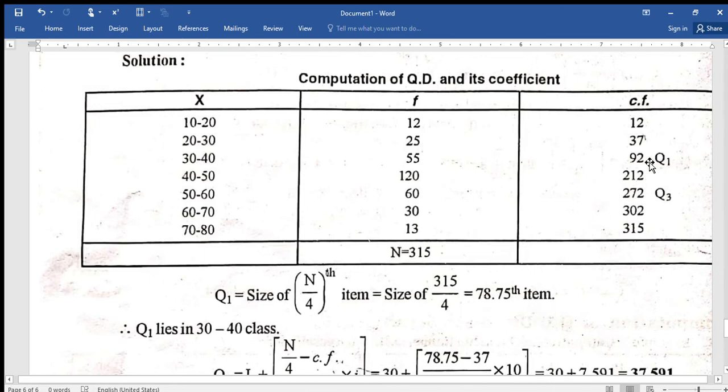So here, the row 92, that is, Q1 lies in the 30 to 40 class. Did you understand? Let me explain once again here. The 78.75th item lies in between these two values, that is 37 and 92. So corresponding to this value, Q1 lies in the 30 to 40 class.